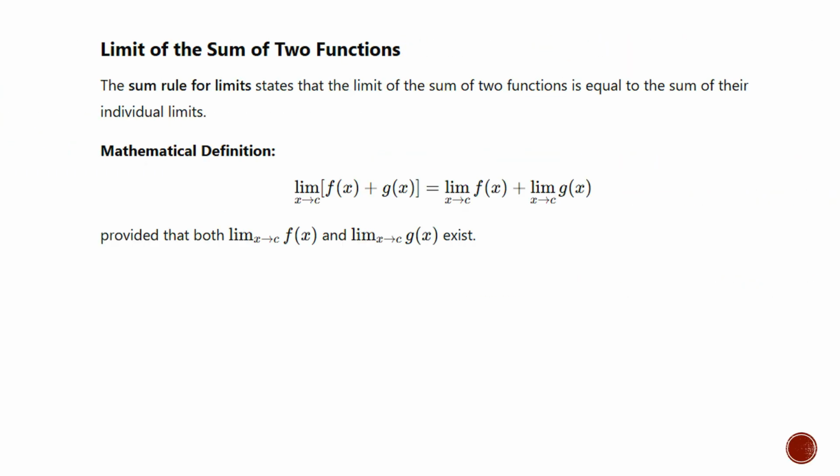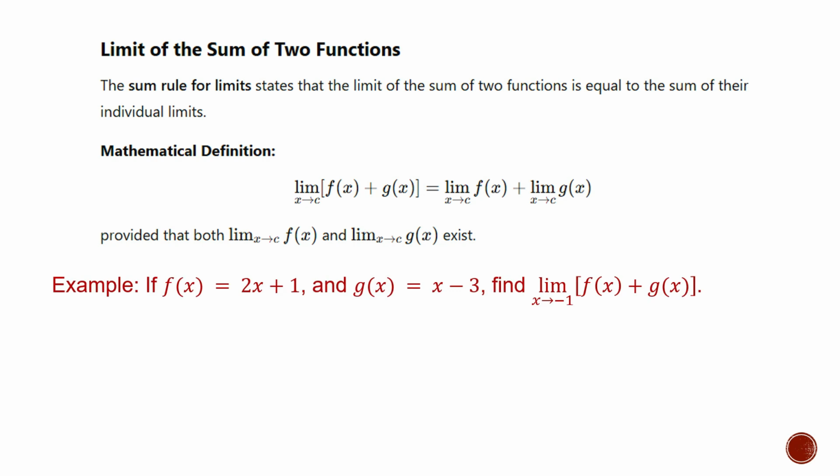Here, limit of the sum of two functions. So here it states that the limit of the sum of two functions is equal to the sum of their individual limits. So for example, we have two functions here, f of x and g of x, and we want to find the limit of the sum of those two as x approaches -1. So we will evaluate them individually as x approaches -1.